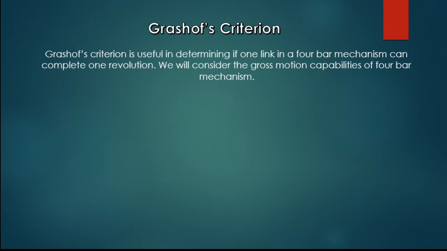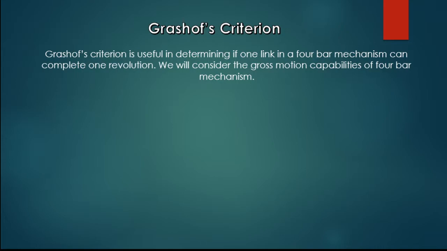So, this Grashof's criterion is a method to determine if one link in a mechanism can make full continuous rotation, or motion through 360 degrees.